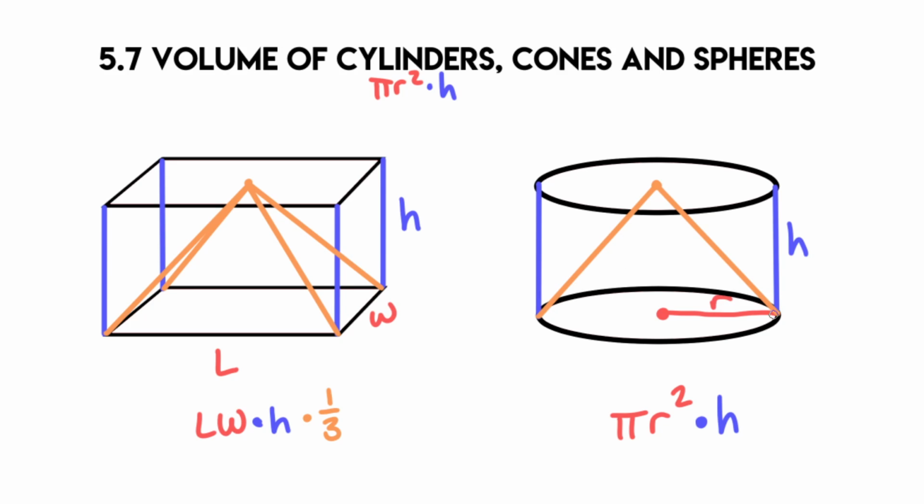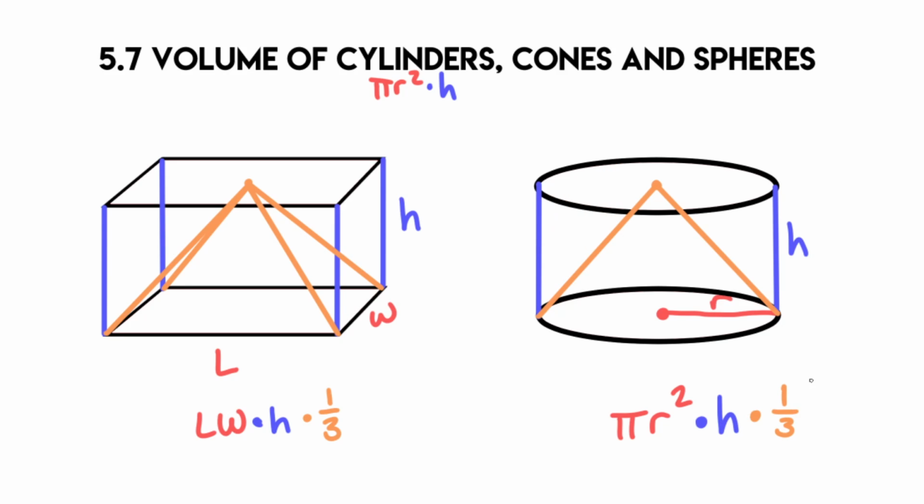A cone, likewise, is pi r squared, a circle, times height to make a cylinder, and also times 1/3 to make a cone. Again, it's because we're shaving off all of this stuff that is not the cone. This is us removing all of that excess cylinder that we don't need to get to our cone.